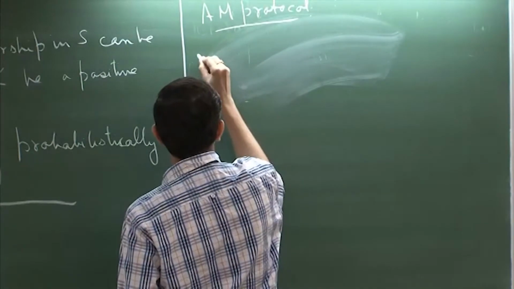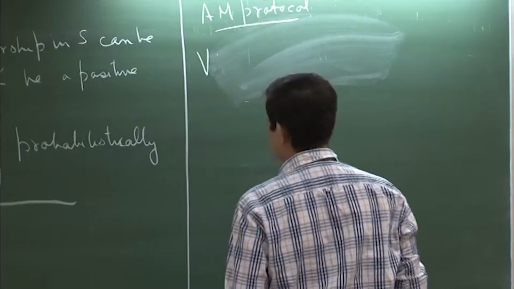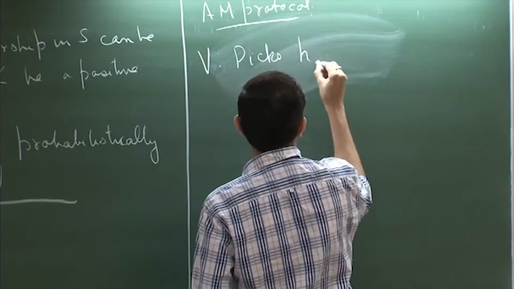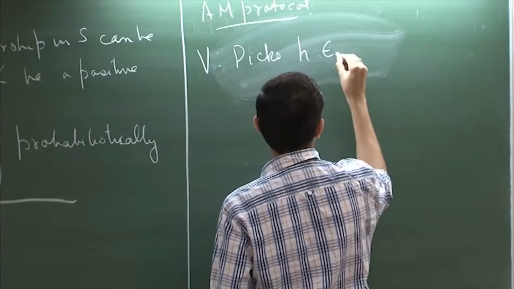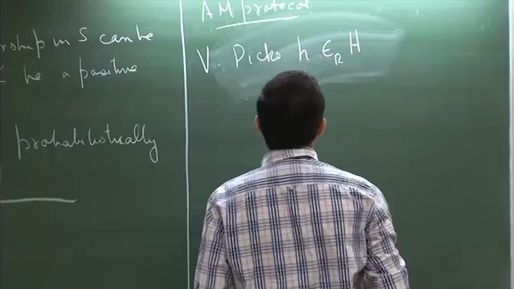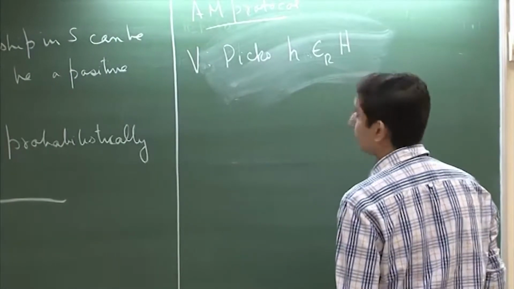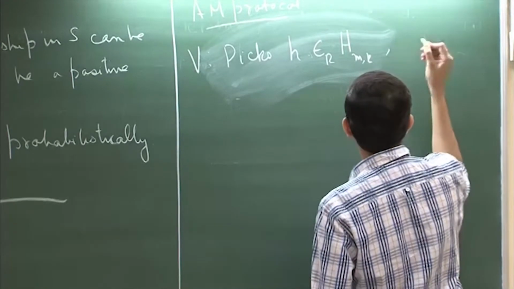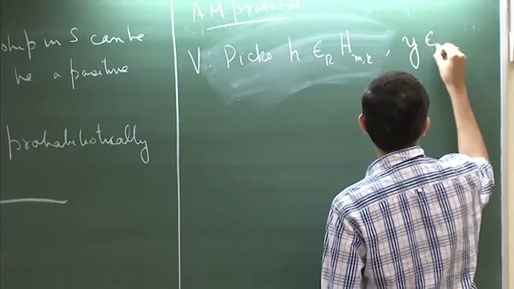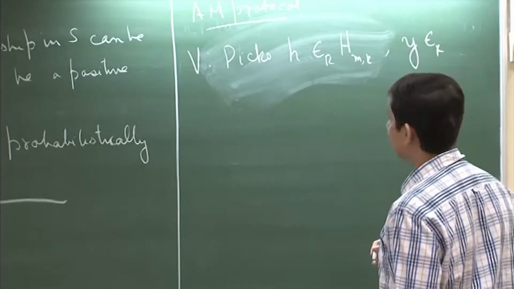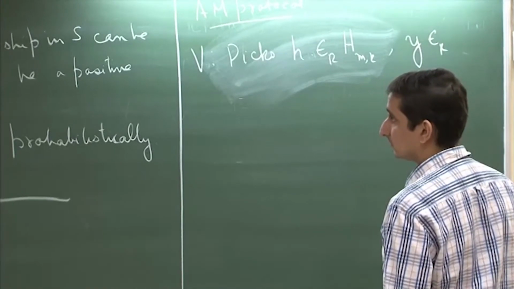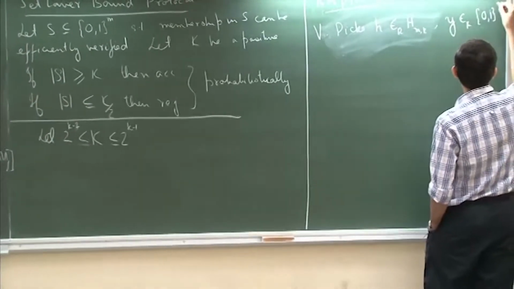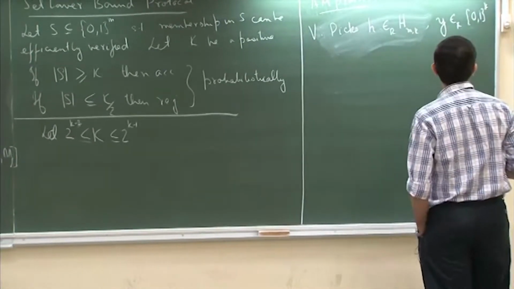The verifier picks an h randomly from this family H m comma k, and it also picks a y randomly from the range or the codomain, and sends them to the prover.